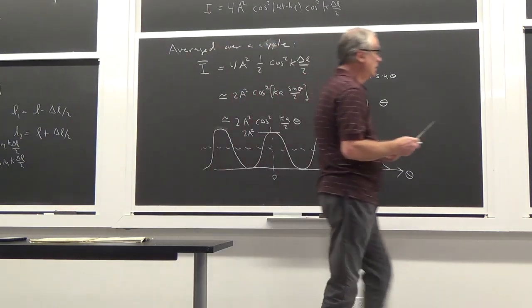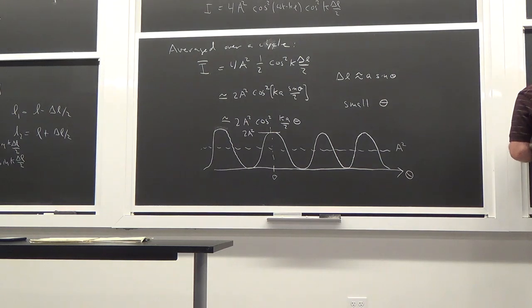So this has zeros. The zeros are at ka over 2 times theta equals plus or minus (2n plus 1) over 2 times pi, for n equals 0, 1, 2.